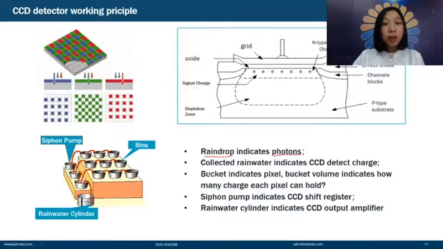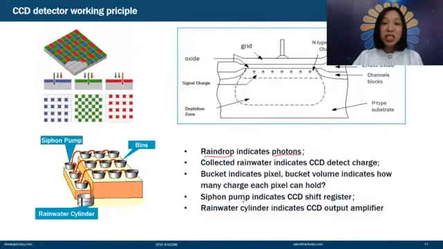So the small bucket indicates the pixel, and the bucket volume indicates how much each pixel can hold, so how much rainwater can be stored.